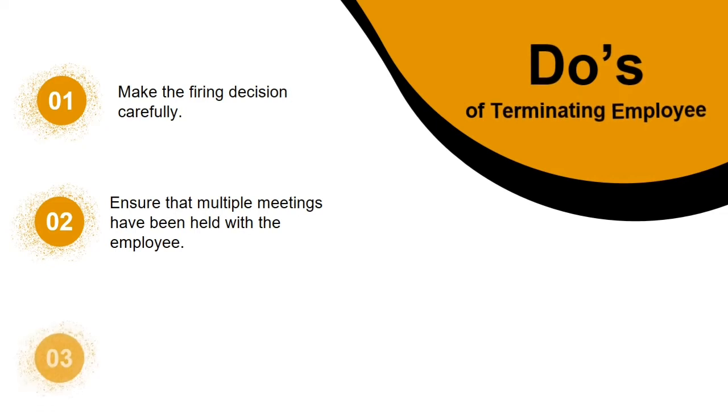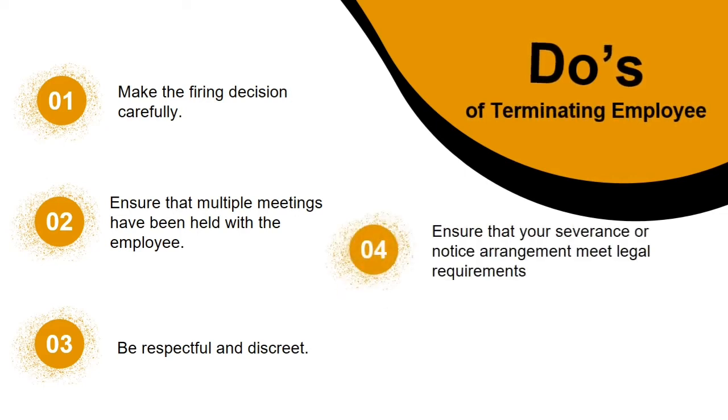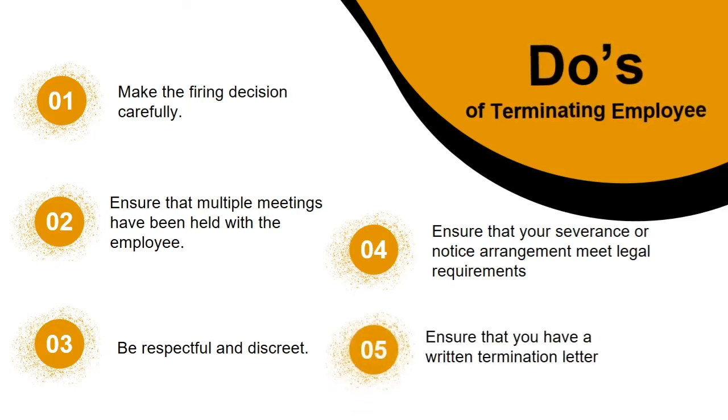Then another is be respectful, of course, and be discreet with the processes. Then fourth is you have to ensure that your severance or notice arrangement meet legal requirements. You have to be careful with the legal requirements of the termination. And the fifth one is to ensure that you have a written termination letter and release it, which documents the terms and the conditions of the termination.